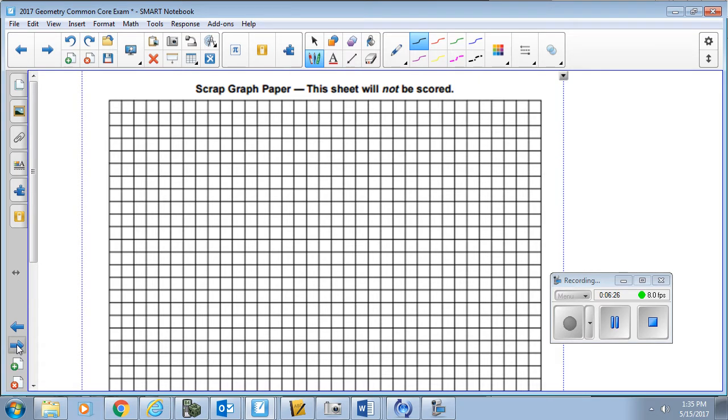Remember, this is the center of the circle. We know it passes through the point negative 5, 12. If I count that, I'm going to make that point 1, 2, 3, 4, 5, then 1, 2, 3, 4, 5, 6, 7, 8, 9, 10, 11, 12. So we had to make our graph fairly big here.